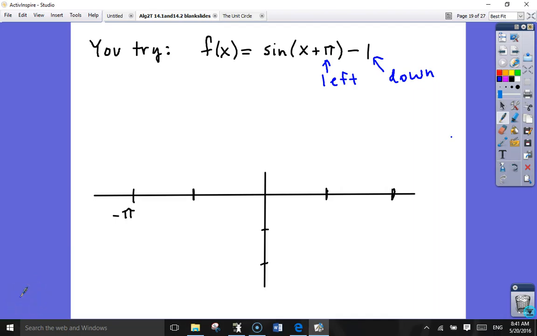Okay, so if this thing is shifted down, it usually goes from -1 to 1, so now it's going to go from -2 to 0. It's shifted to the left pi, so I'll start it there. The period is still 2 pi, so it should be going from negative pi to positive pi. Oh, I could redraw the center line.